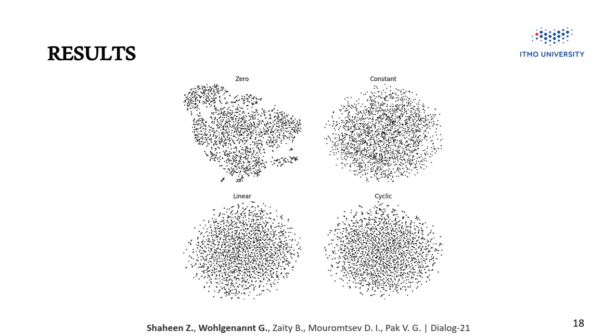We projected latent codes of the sentences in the development set for each method on 2D space using the t-SNE algorithm. We can see that the zero method resulted in irregular distribution of the latent codes. However, linear and cyclical annealing showed a rather better regular distribution of the latent codes.